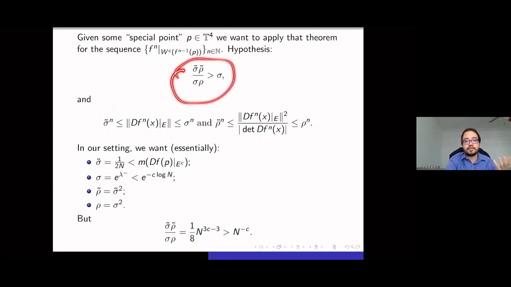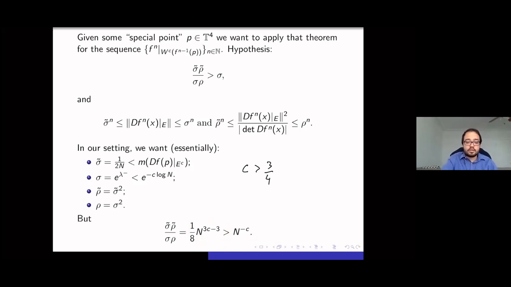This inequality appears in the proof, so it's something that you need. If you plug this in, you get that 1/8 n to the power 3c minus 3 is greater than n to the power minus c. Roughly, this gives you that you want c to be at least 3/4.